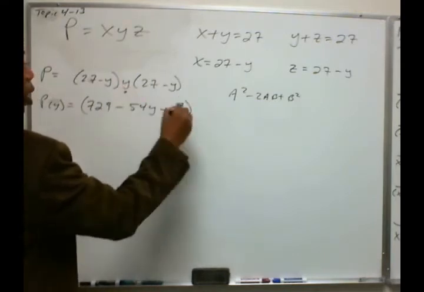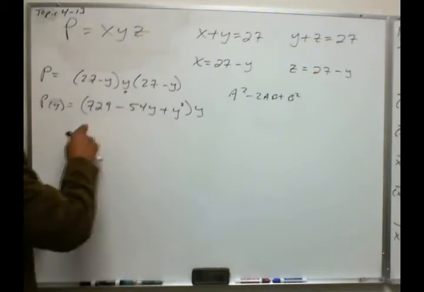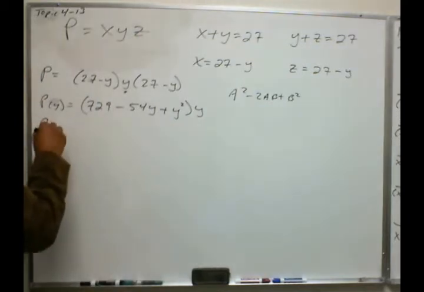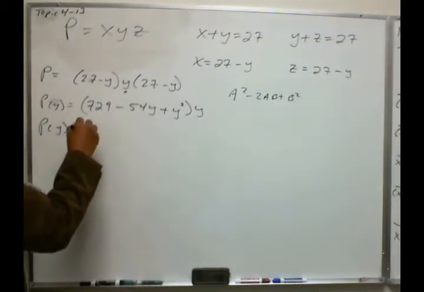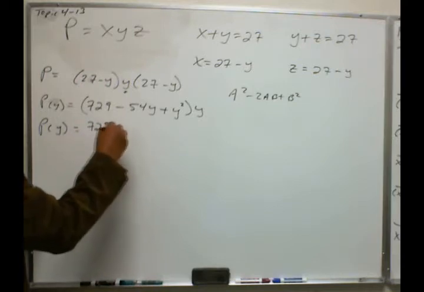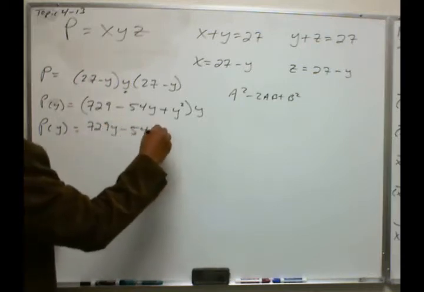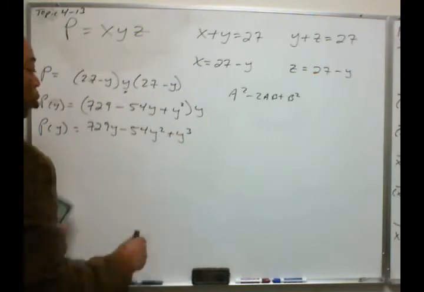Then all times this y here. I'll distribute my y. So my function p of y equals 729y minus 54y squared plus y cubed.